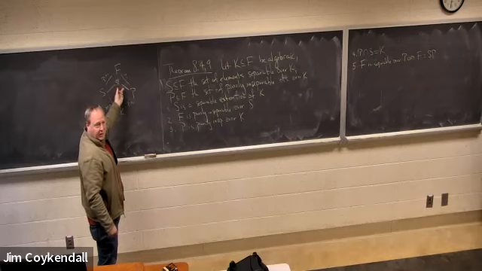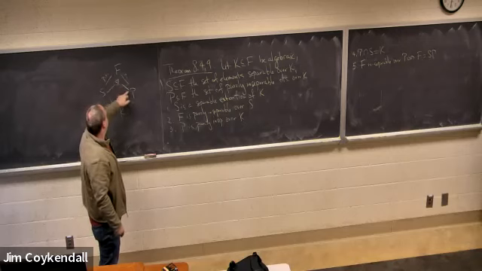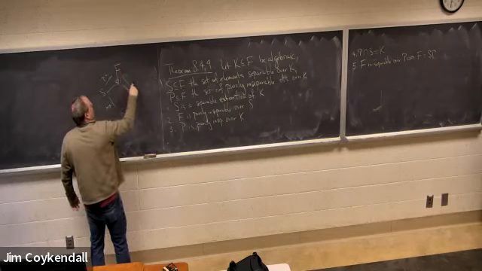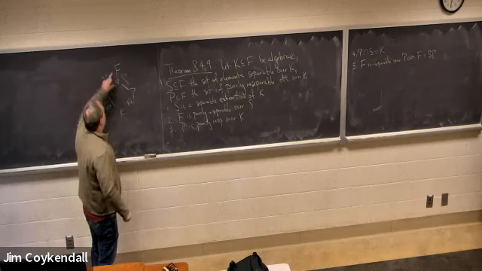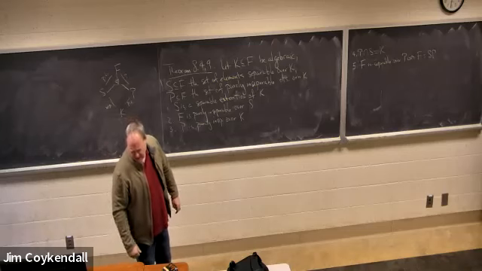This is the smallest field that contains both S and P. And of course, this will actually be a separable extension. And the extension from SP to F is separable if and only if F is equal to SP.